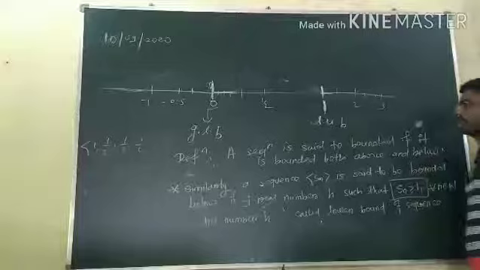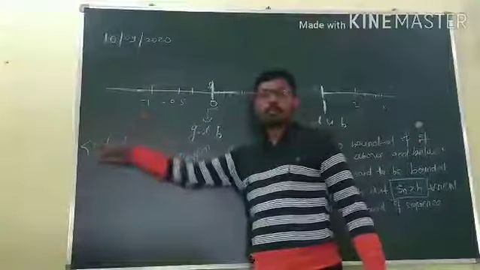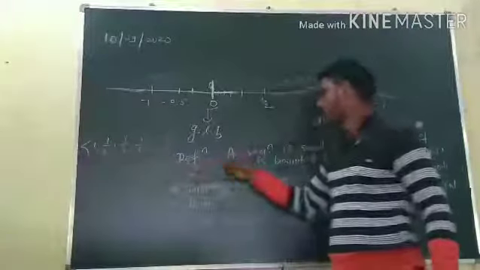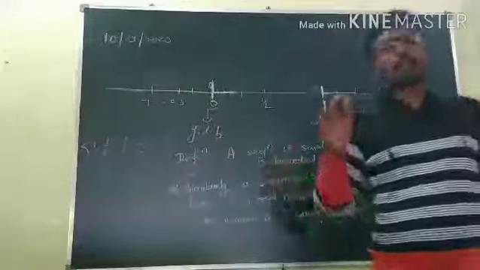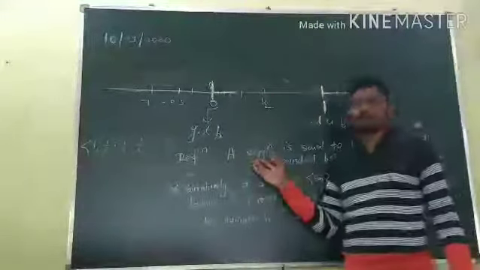Okay. For example, this sequence is bounded above, the upper bound is 1, and bounded below, the lower bound is 0. This sequence is said to be bounded. So a bounded sequence means a sequence which is bounded above and bounded below. Okay. So we will see more examples later on.